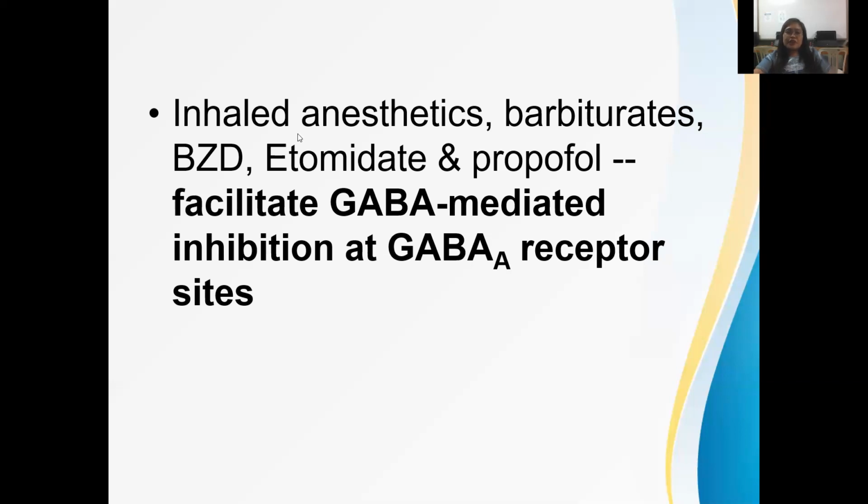Thus, if we use these drugs, this will facilitate the effects of GABA. So kung na-trigger ang activity sa GABA, that will result to the dysfunction or the slowing down of the activity of our cells. So that's how it works as a general anesthetic.